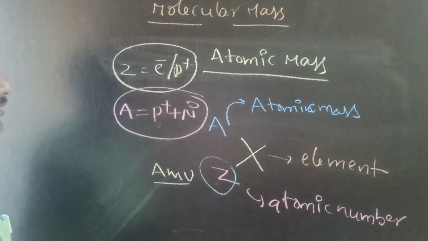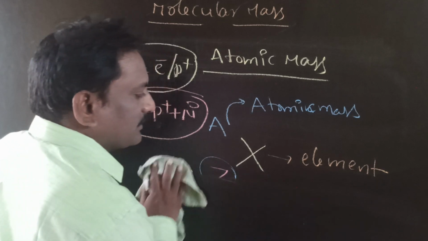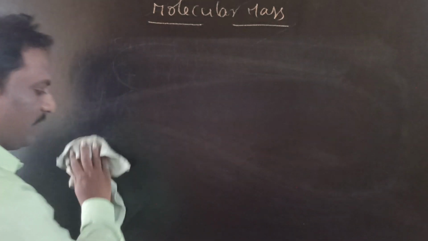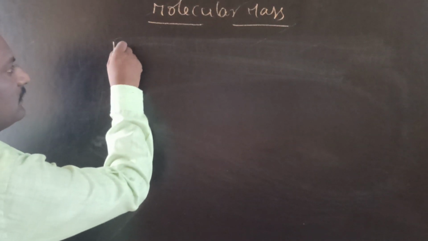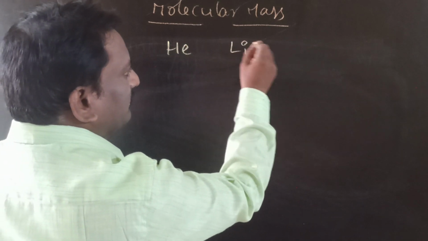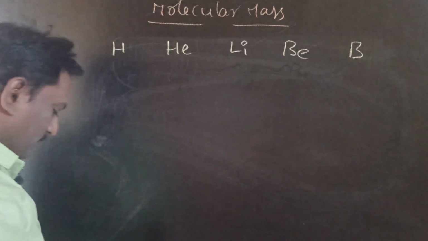Now I am going to give the atomic masses of elements 1 to 20. Please make a note of it. First one is hydrogen, helium, lithium, beryllium, boron.